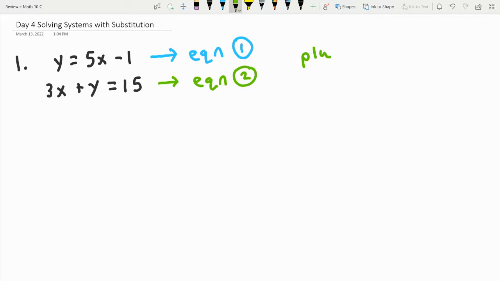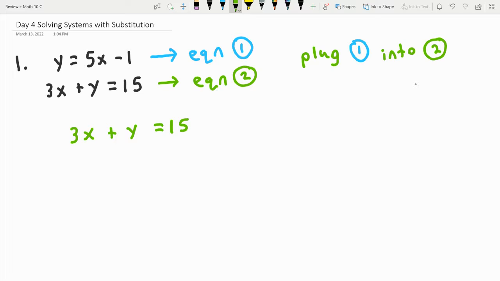So for equation 2, I have 3x plus y equals 15.